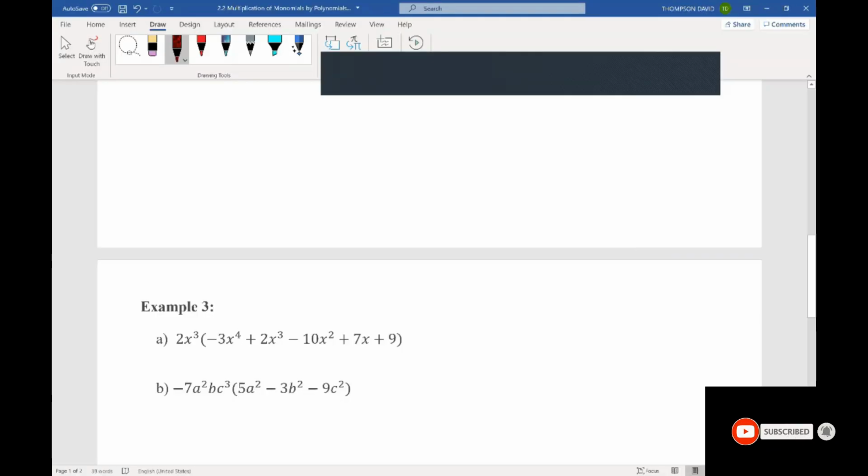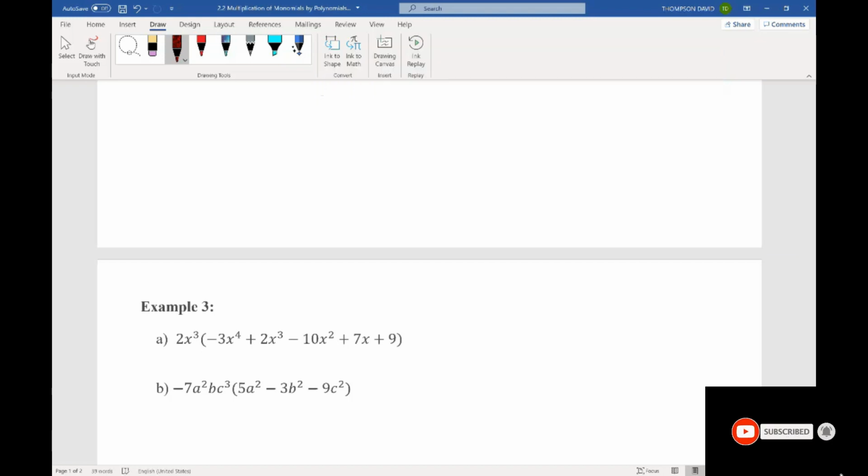Example 3, we have 2x cubed times the quantity minus 3x to the 4th plus 2x cubed minus 10x squared minus 7x plus 9. So same thing, just distribute. So 2 times -3 will give me -6. X cubed times x to the 4th, add the exponent, so it'll give me x to the 7th.